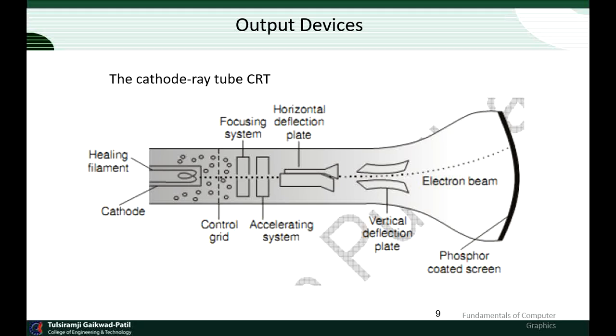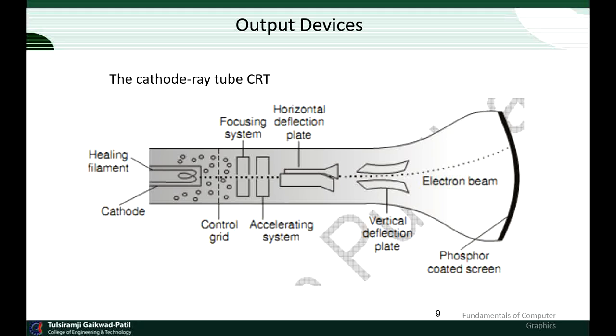So it is divided into a number of rows and columns according to the resolution of the screen, and according to the focusing system the deflection plate will decide how much deflection should be there in the electron beam which is going to strike on the screen, and which part of the screen the electron beam should strike. That will be decided by means of the deflection system.